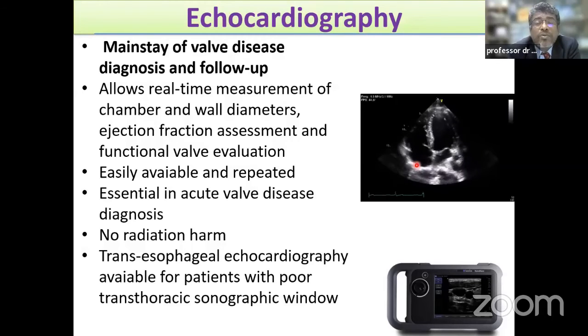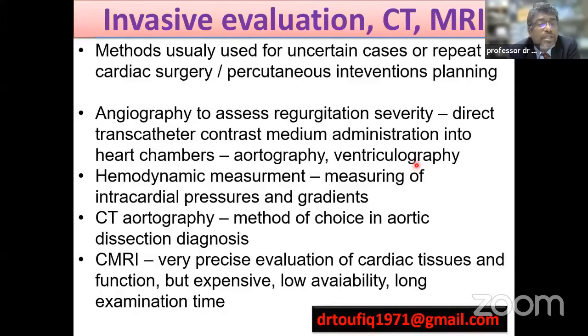If the patient has grade 1 or grade 2, the patient may remain asymptomatic, or may have some symptoms, but in that case we usually give medical treatment, and medical treatment is enough to maintain a normal lifestyle.